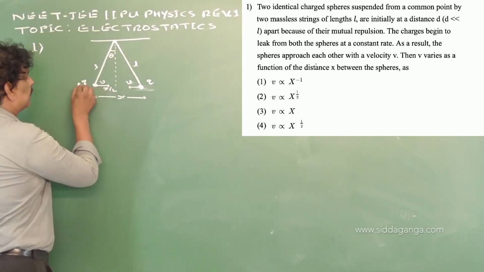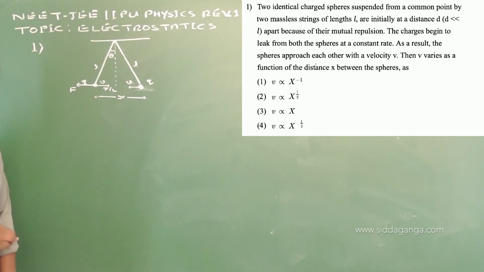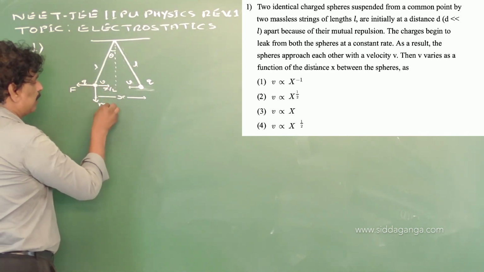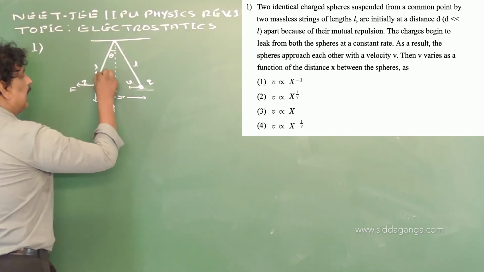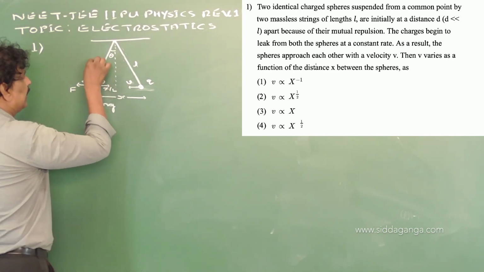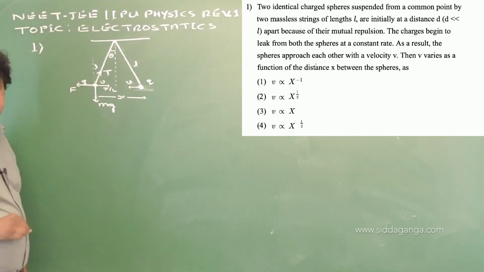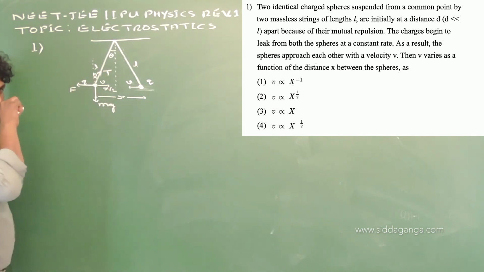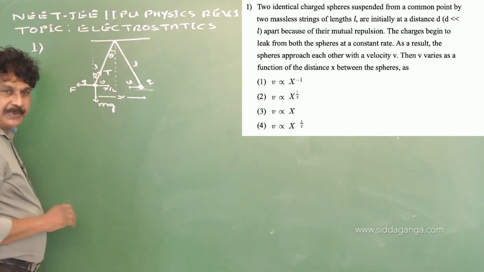Now there are three forces acting on the charge. One, electrostatic force of repulsion. Second, weight of the bob acting in downward direction, and third, tension in the string, that is T. Now this makes an angle theta with the vertical. Now here T can be resolved into two components.